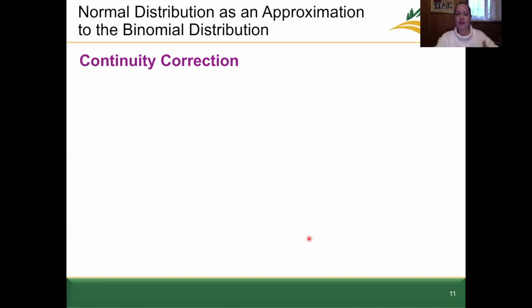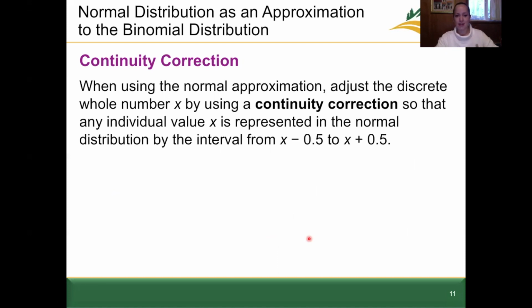Now, as one of the key concepts in 6.6, I talked about this continuity correction idea. So again, for this correction, when using a normal approximation, we need to adjust the discrete whole number x by using a continuity correction. This is so that any individual value of x is represented in the normal distribution by a certain interval. That interval is from x minus 0.5 to x plus 0.5.